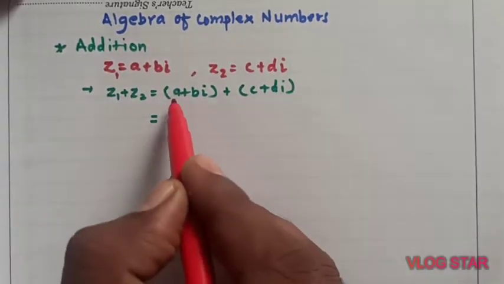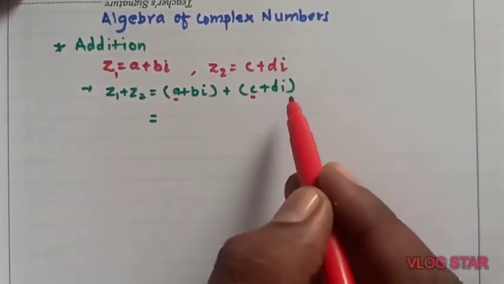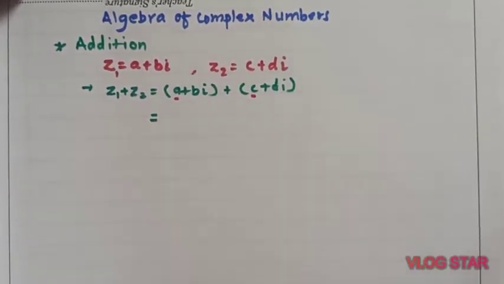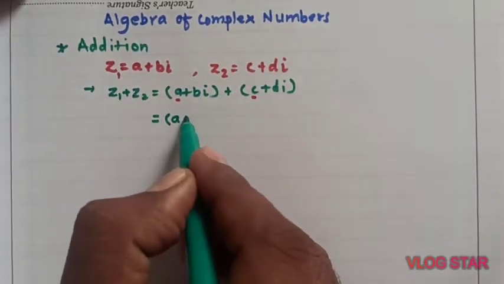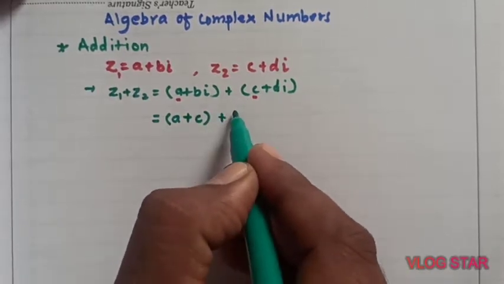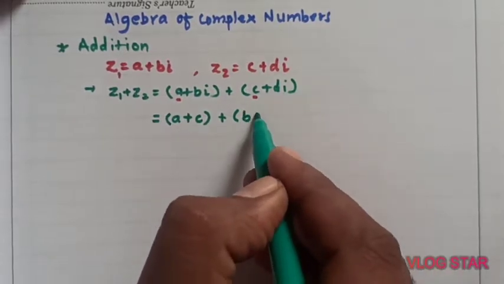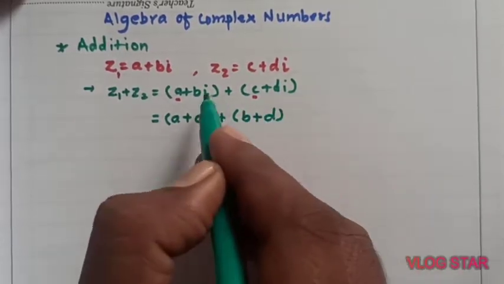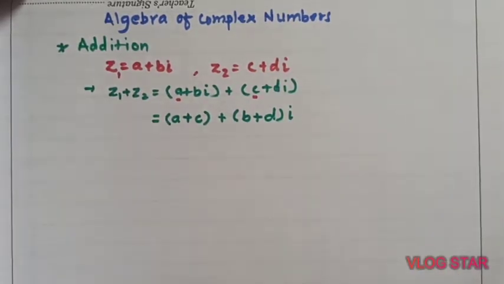You can see a is the real part and c is the real part, whereas bi and di are the imaginary parts. So a plus c, plus bi plus di, that is b plus d times i, with i common to the right side. So this is the final addition.